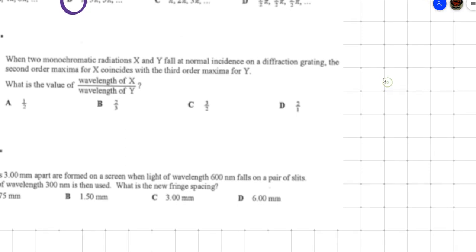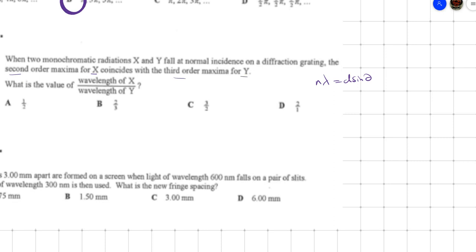Okay, so remember the equation. We know that the equation is n lambda equal to d sine theta for our wavelength. We know that second order is for x, and third order is for y. So I'm going to label this.